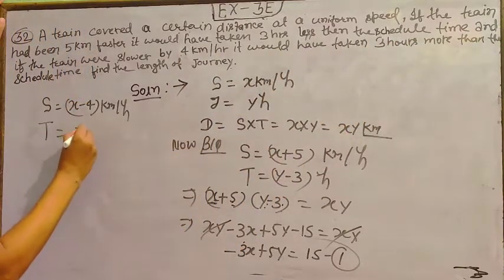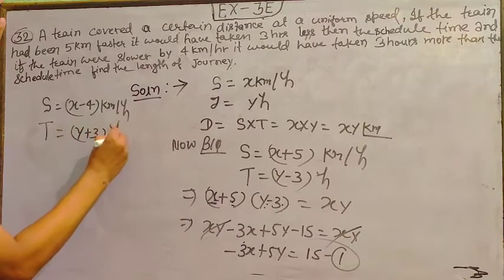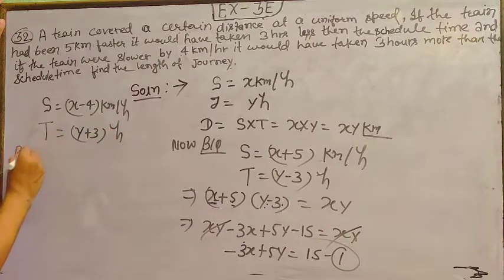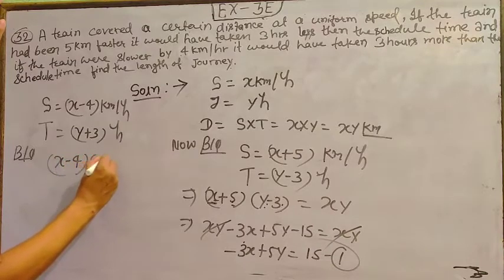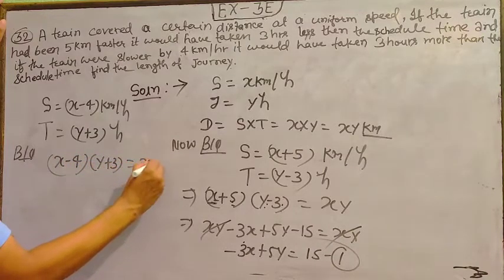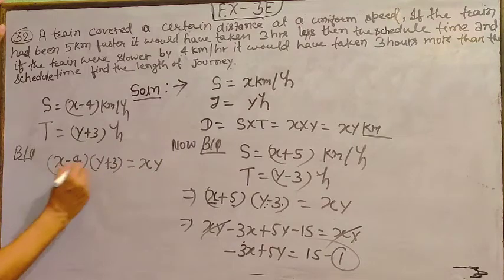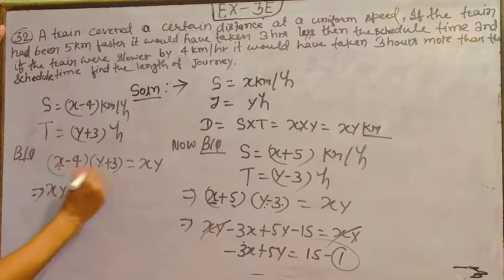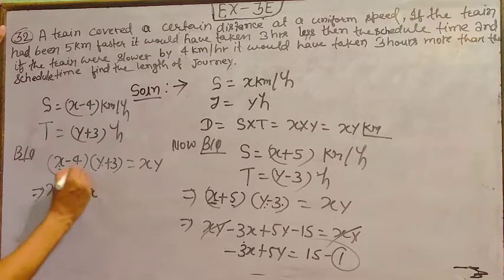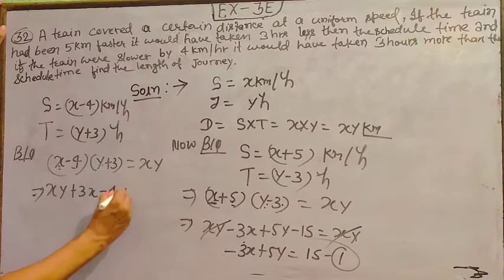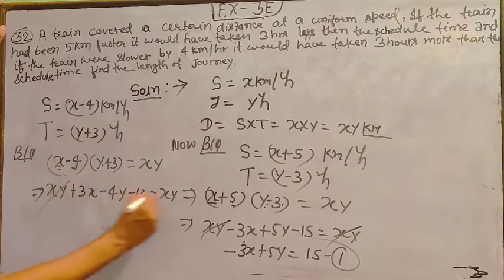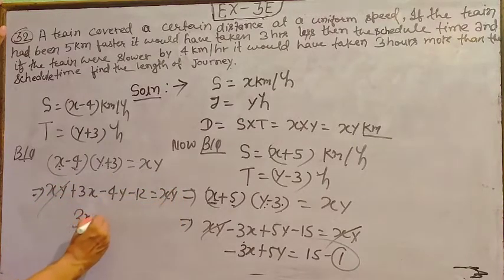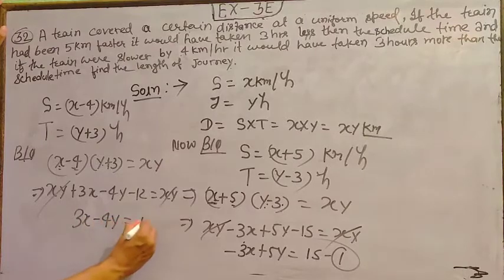Then y plus 3 hours is the time. So by the question, x minus 4 into y plus 3 is equal to the distance, and it is given as xy. Multiply here: xy plus 3x minus 4y minus 12 is equal to xy. xy cancels. 3x minus 4y is equal to 12.